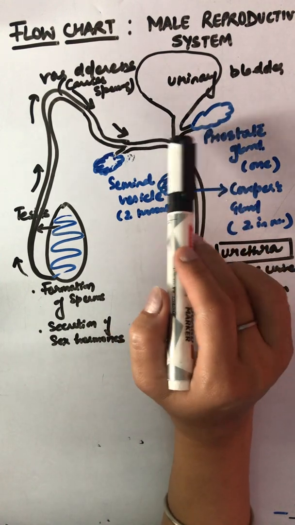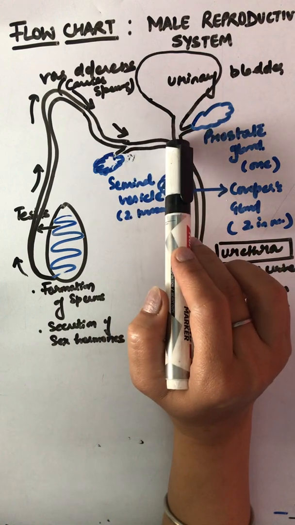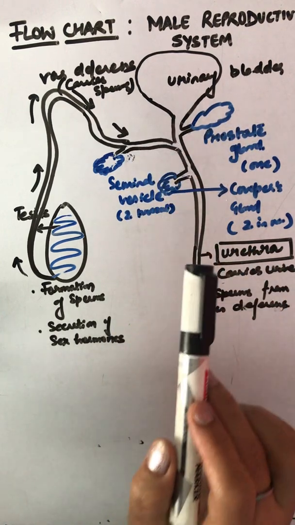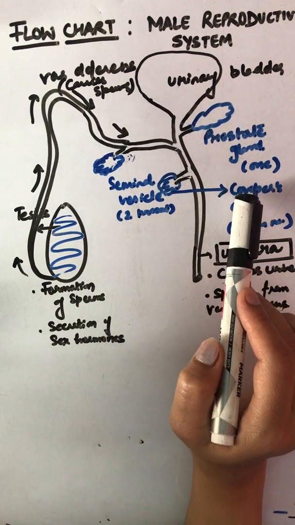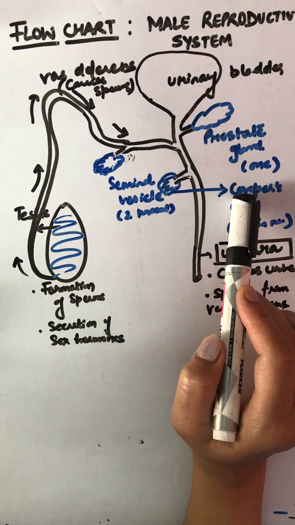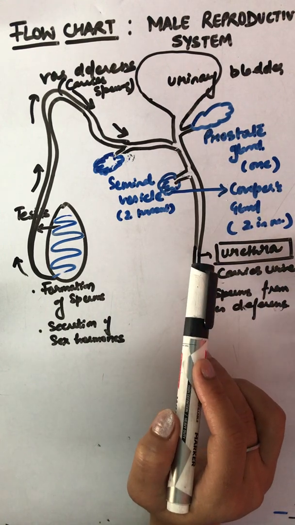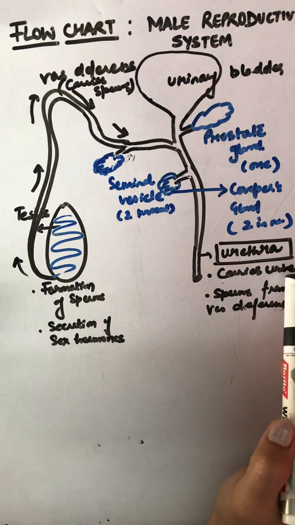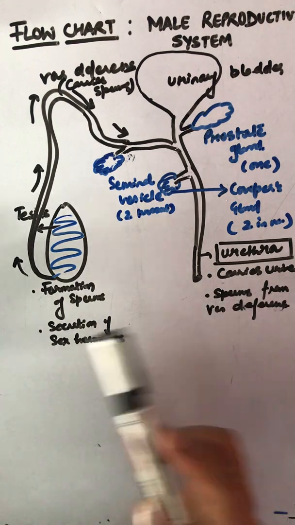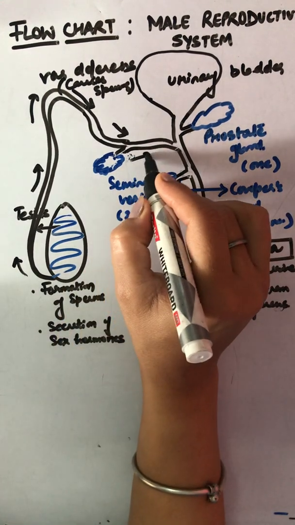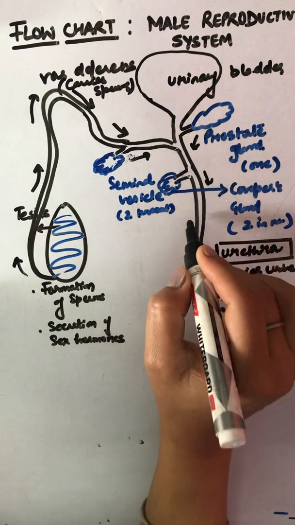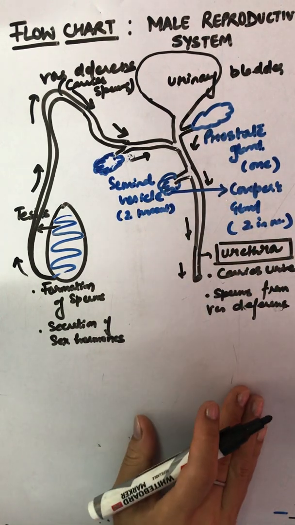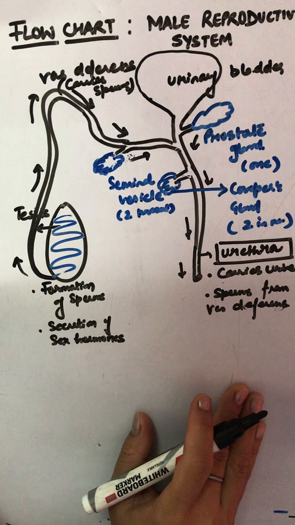So basically the secretions get mixed during ejaculation. Then Cowper's gland also secretes mucus and alkaline fluid into the urethra, the common one which carries urine as well as sperm. This is how the entire flowchart depiction of the male reproductive system is shown, right?